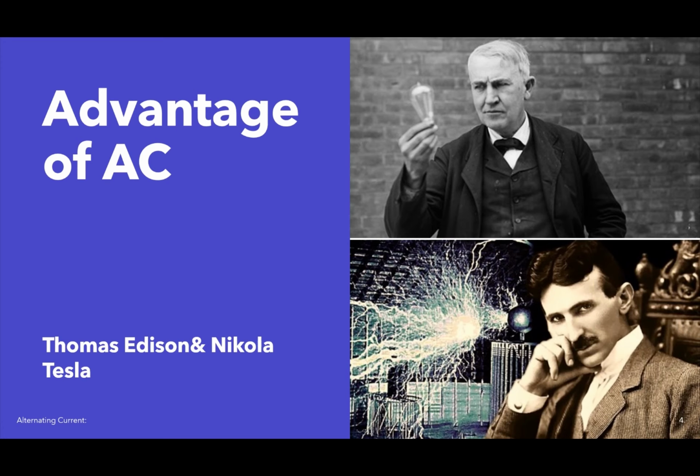Thomas Edison is famous for his DC invention, and Nikola Tesla is famous for his AC. Because of his patent, we have AC power in the whole world. So thank you, Nikola Tesla, and thank you also Thomas Edison, because without each other it could not have succeeded.